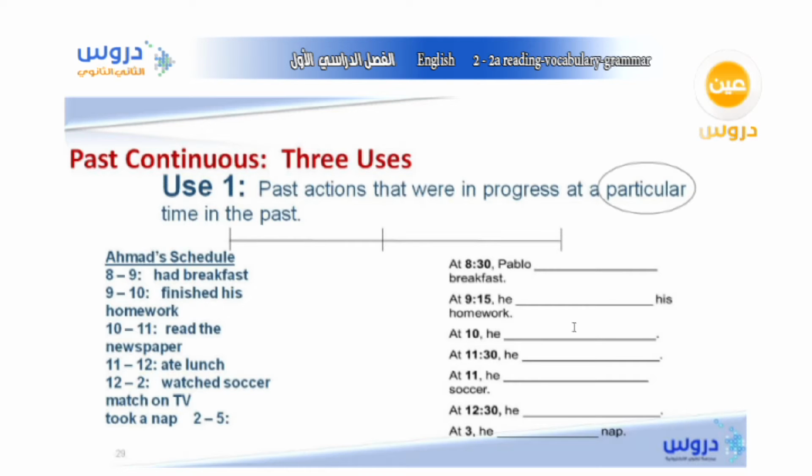Sounds great, Hiba. Right? What about 10? What can we say? You can see the schedule. What about 10? Can we say he was eating lunch? Okay, can you say the full sentence, please? Hiba, if you wouldn't mind.